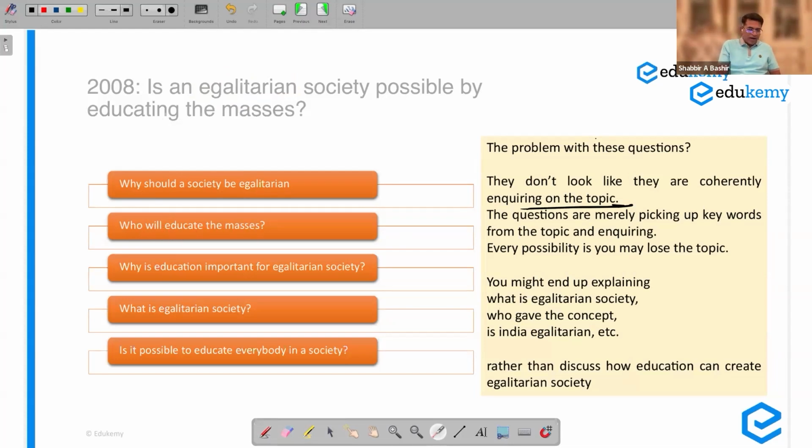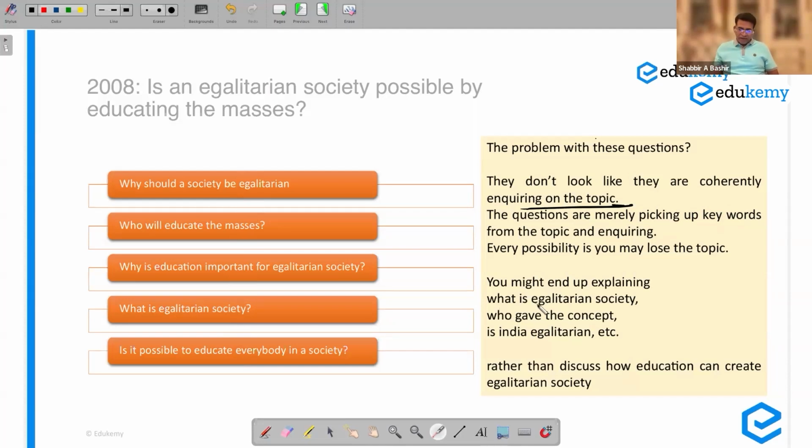I've taken the word masses, education, and asked a question around that. So the questions I'm asking are merely picking up keywords from the topic, and there's every possibility that the questions asked are no longer relevant to the topic. It looks more like I'm writing the essay on disjointed words from the topic.